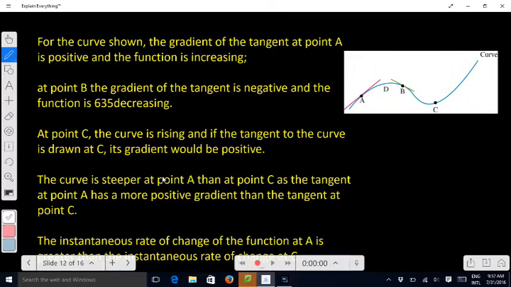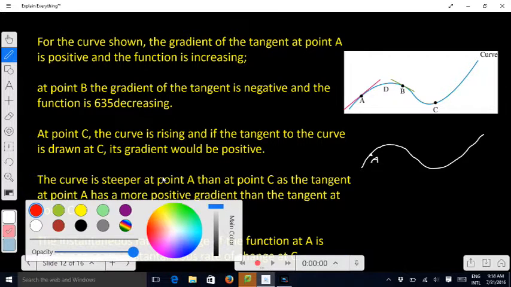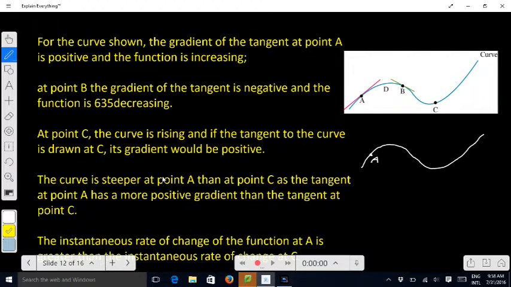So if we have the graph over here and we're interested in the rate of change at A, we can draw a tangent at that particular point, which will give us the instantaneous rate of change at that point.